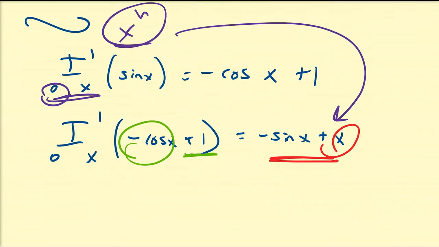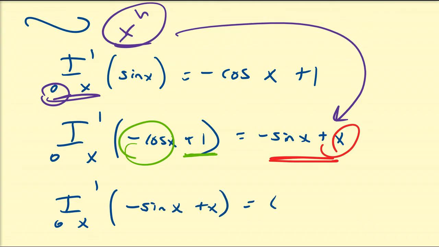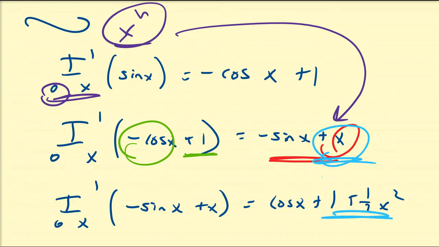Because if we actually do this integral again, base point 0 of order 1 of minus sine of x plus x, we're going to get cosine of x plus 1 half x squared. So definitely it's going to give us some integrals in terms of what we want for the power rules, but it adds this term that we do not want.